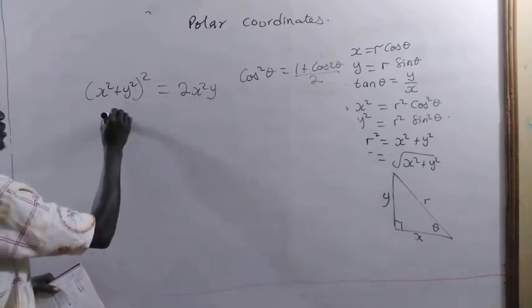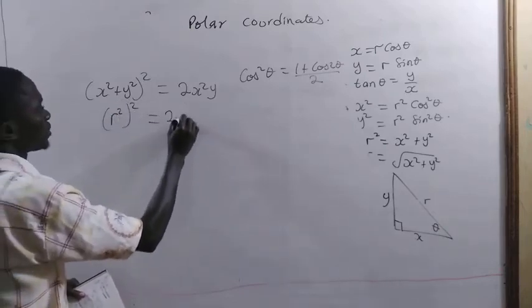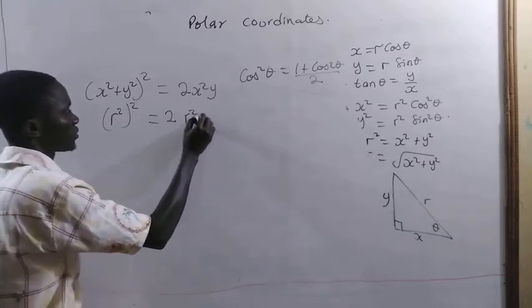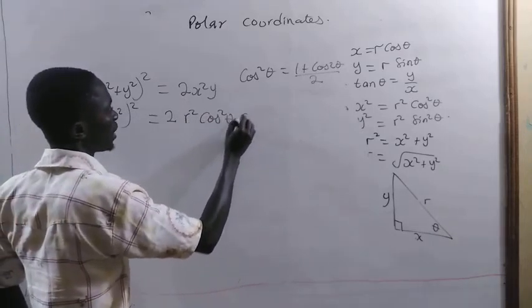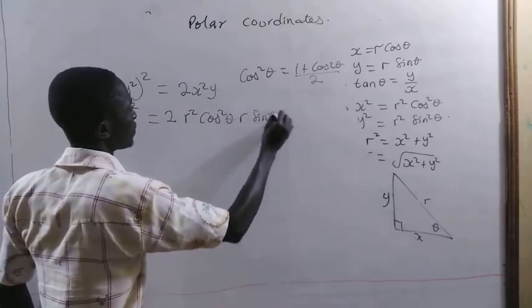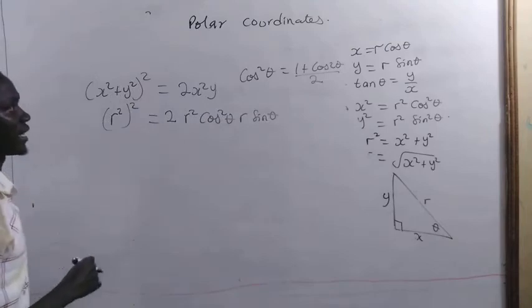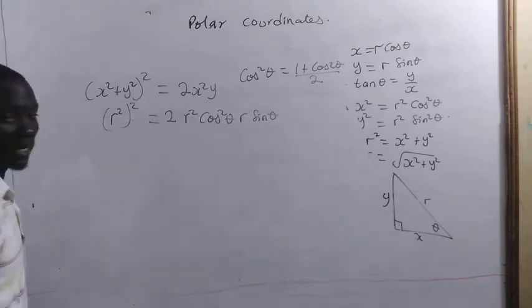Now this one gives me r squared all squared equal to 2 times r squared cosine squared theta times r sine of theta. I think I've done this one with here being a squared.